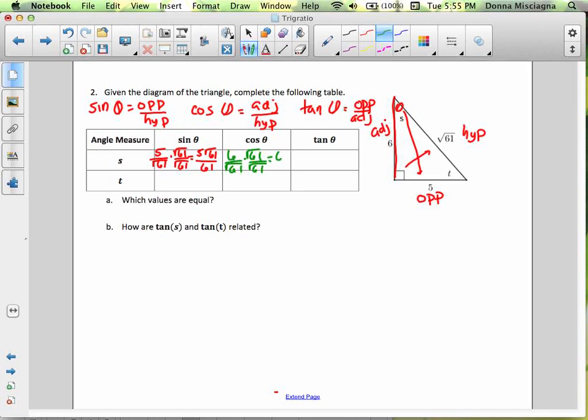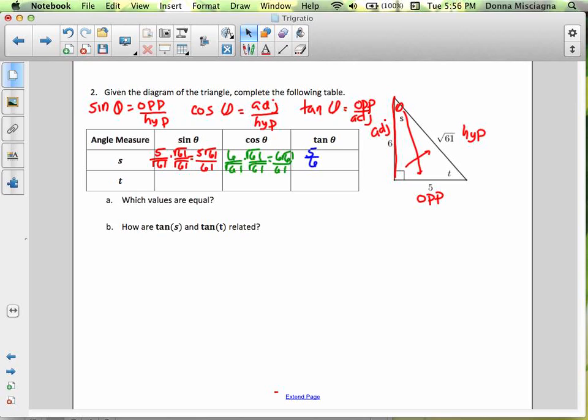That would give us 6 square roots of 61 over 61. And now let's do the tangent ratio. Tangent is opposite over adjacent. This one is nice and easy. It's just 5/6. Right? So I'm not going to write sine S equals and cosine S equals, because we have a chart here. We have a table. We'll just write the ratios in.